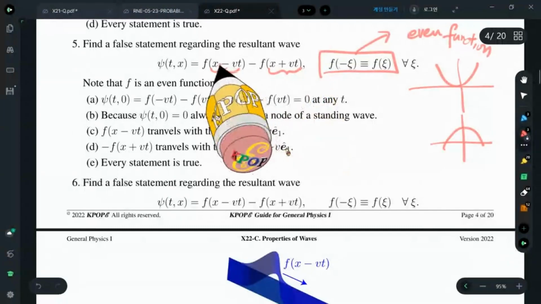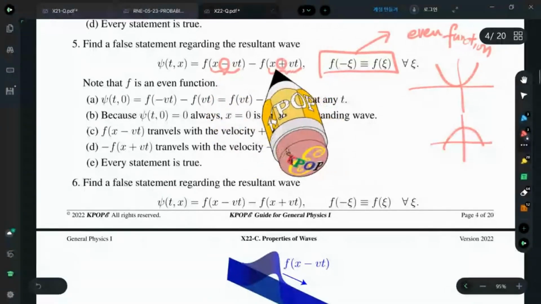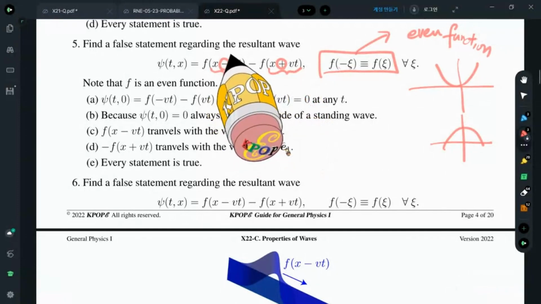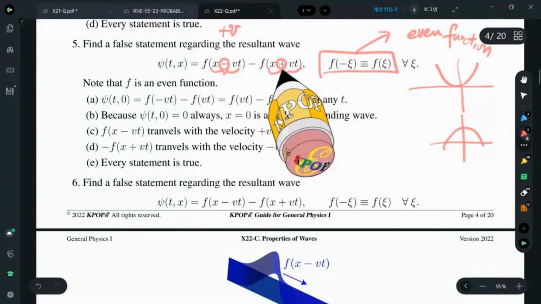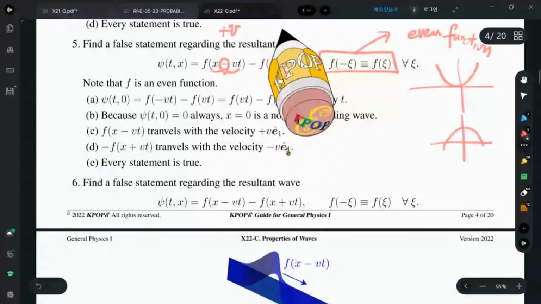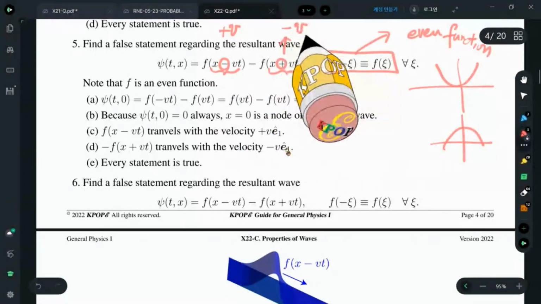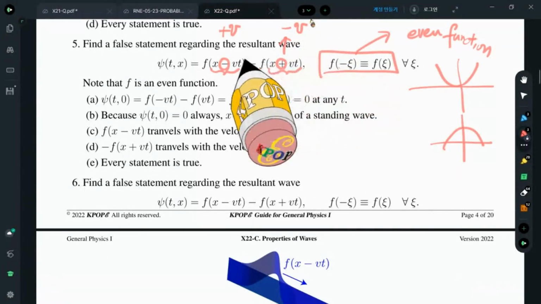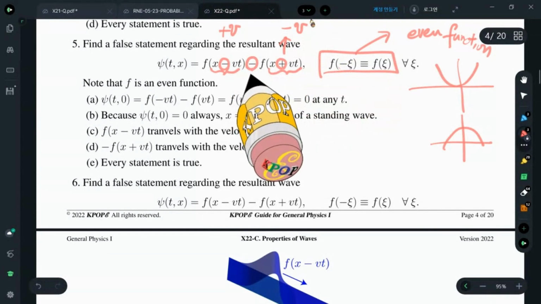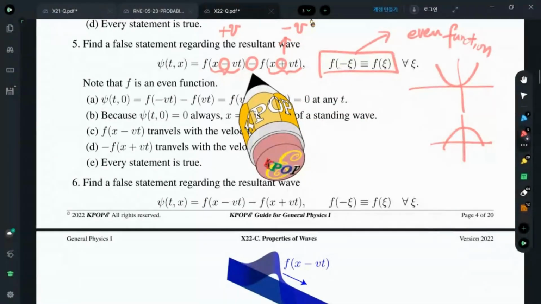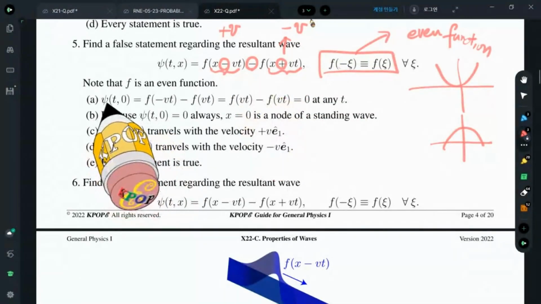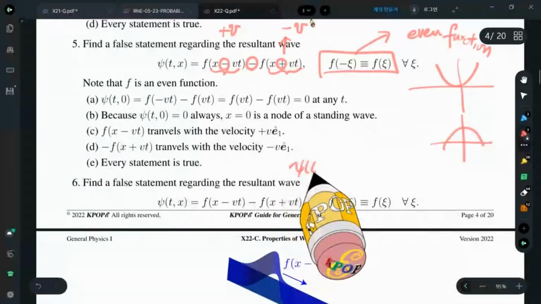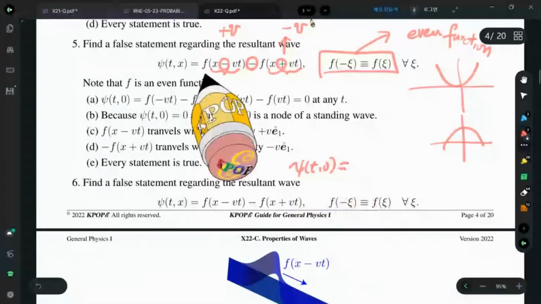waves. They are moving in opposite directions, right? This is going forward with plus v, and this one is moving backward with velocity minus v along the x-axis. Remember, I have put the negative sign on it. Okay, why don't we calculate psi at x equals 0?